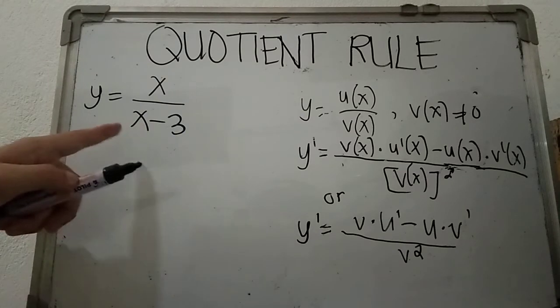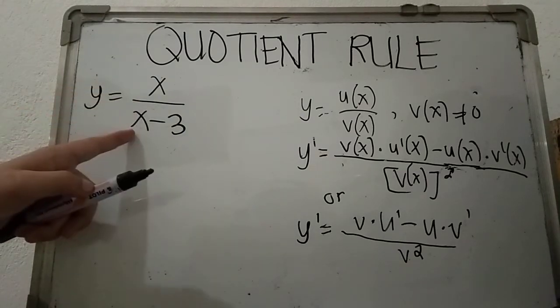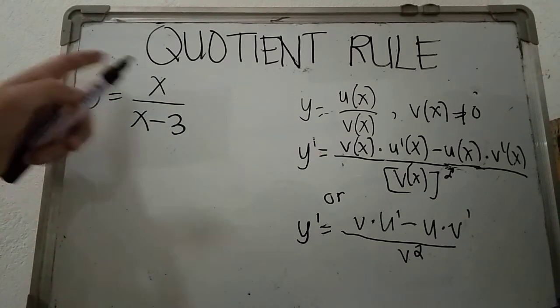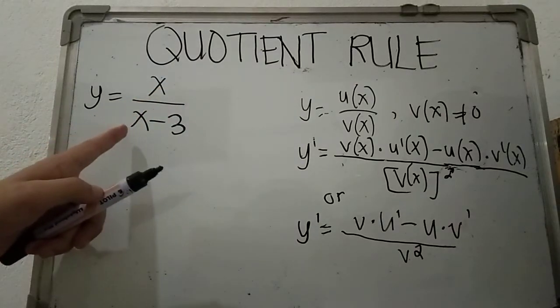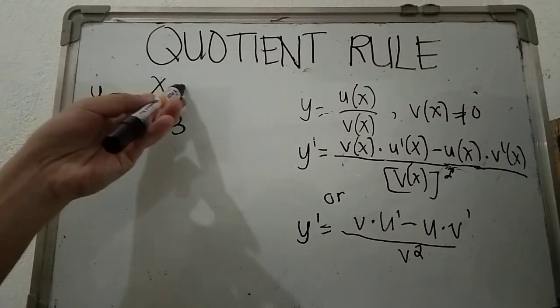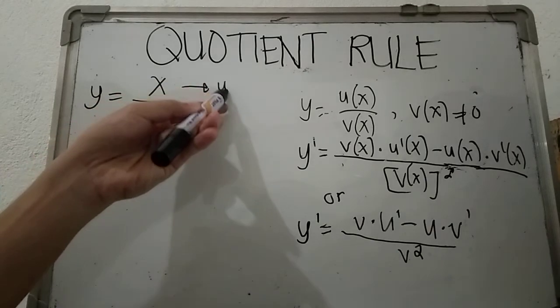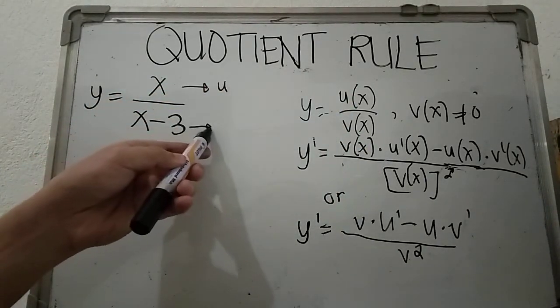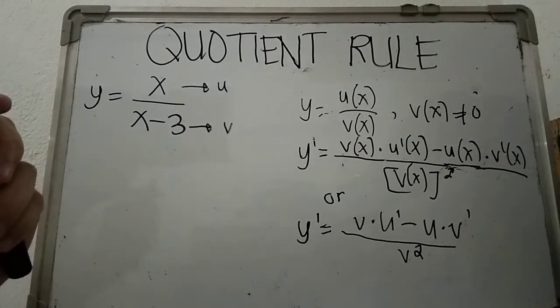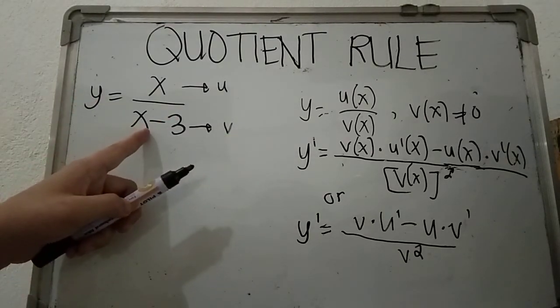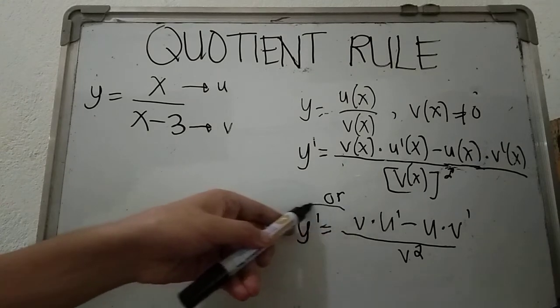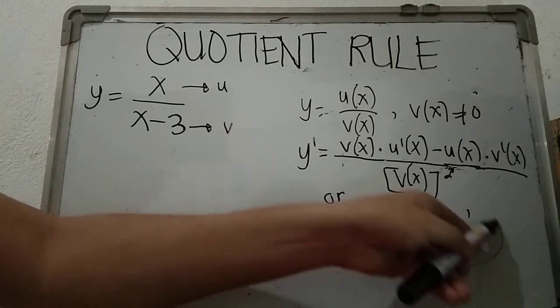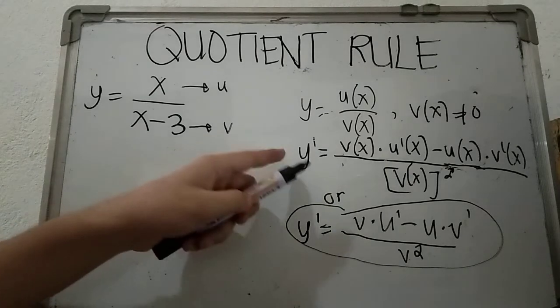So in answering this function x over x minus 3, we are going to base on the quotient rule because this is in the form of a fraction. Now our numerator is our u, if you look at this expression, and our denominator corresponds to the v. Now in finding the derivative, all we have to do is copy this formula here, or the second one.